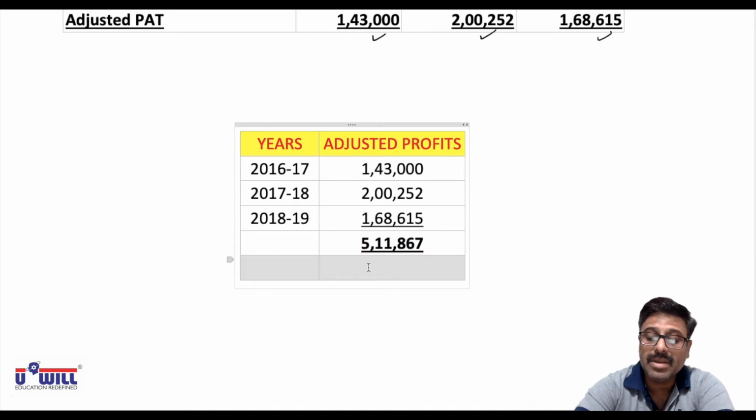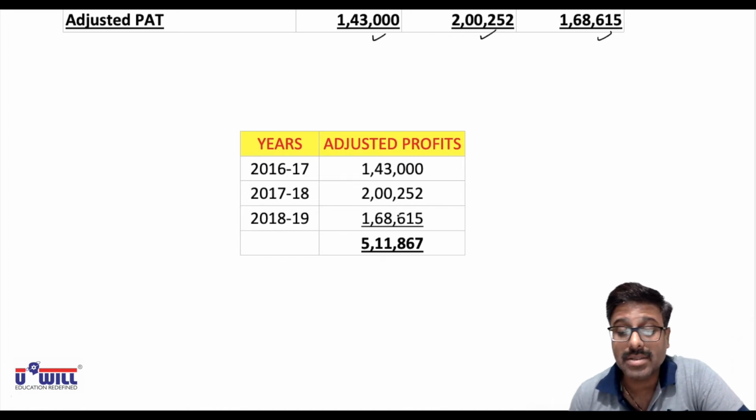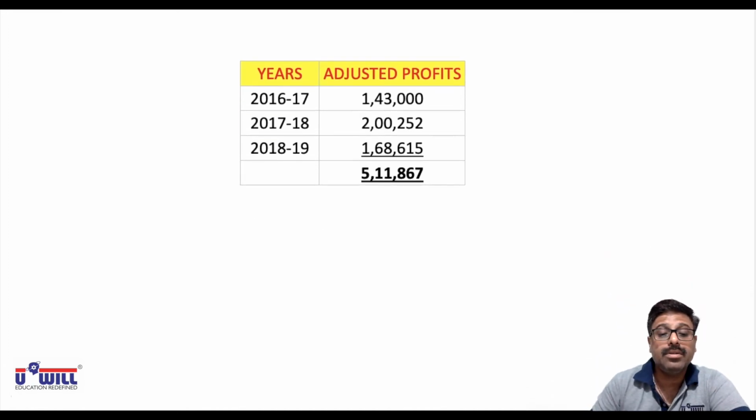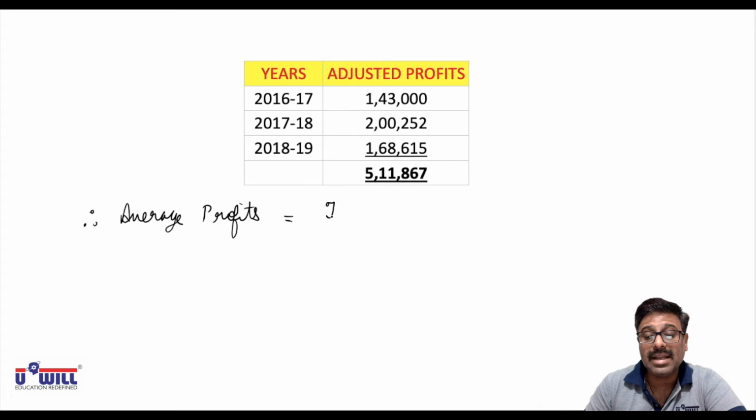Now the formula will be total adjusted profits divided by number of years. So all of you write down average profits. Here we'll be using simple average because trend is not visible. Average profits equal total adjusted profits divided by number of years.